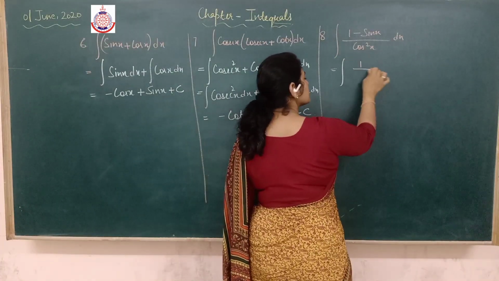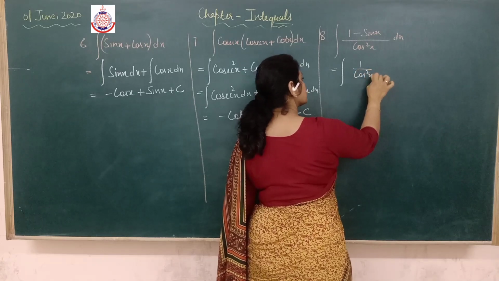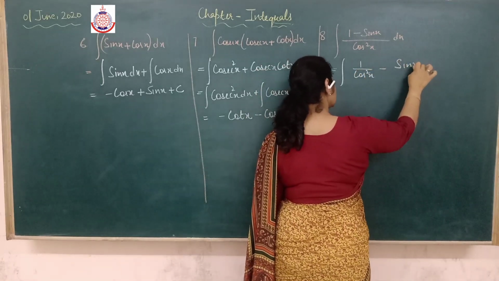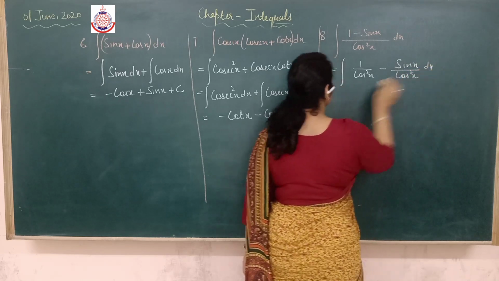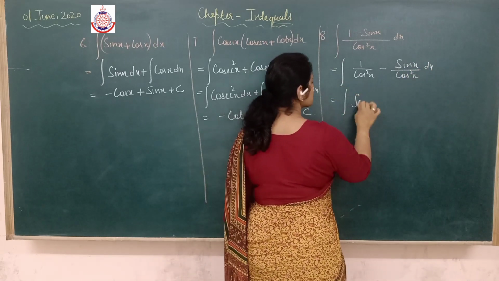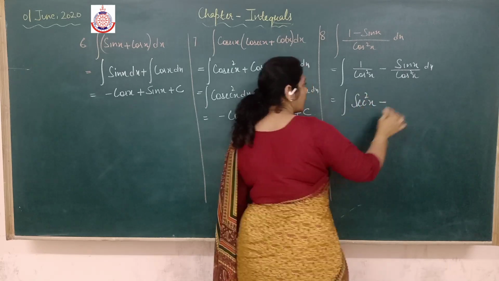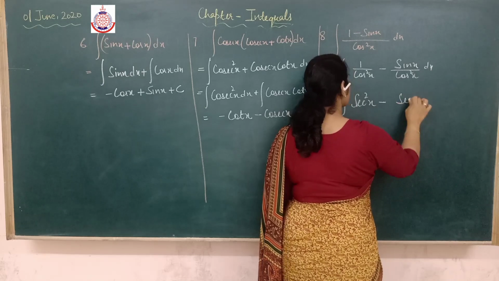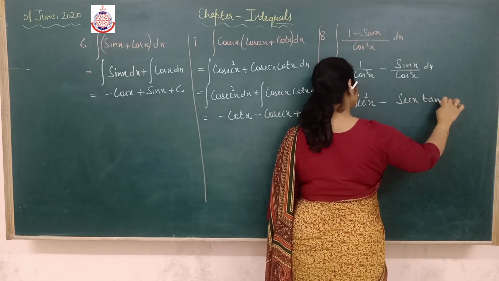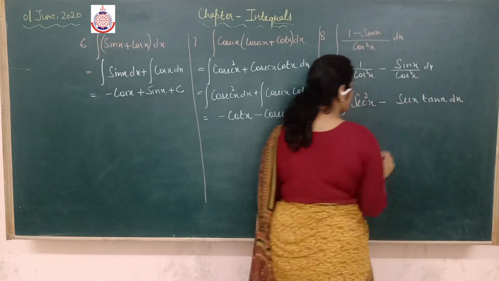Again, I can split it. So 1 by cos square is secant square. 1 sin upon cos is tan and 1 upon cos is secant. So I can write it as secant into tan. Alright.